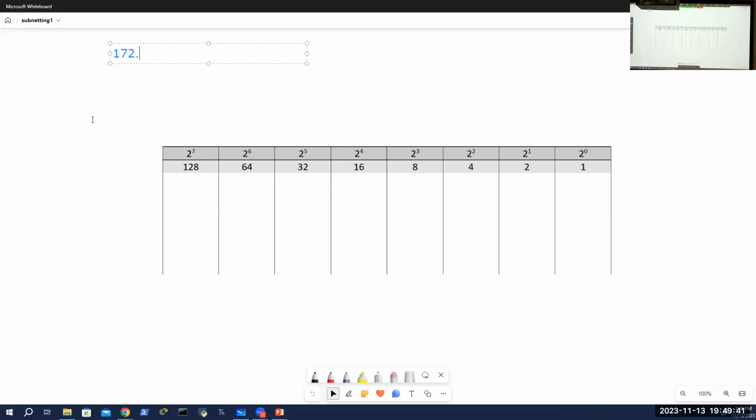I'm going to tell you what your initial prefix is, so just throw out the idea of class here. So that's your initial IP address / prefix.